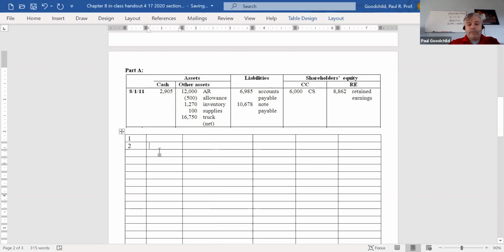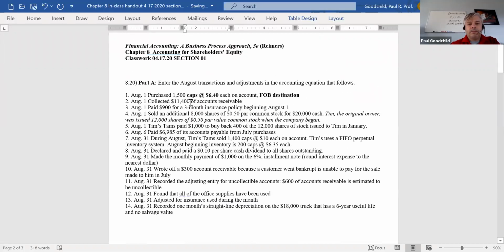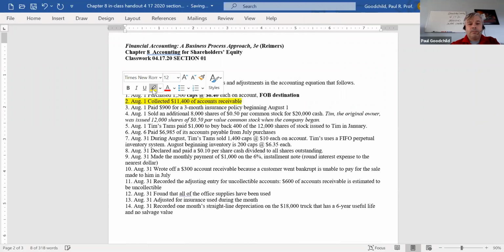So we've got 11,400 in the cash, and then 11,400 reducing accounts receivable. Paid $900 for a 3-month insurance policy beginning August 1st.